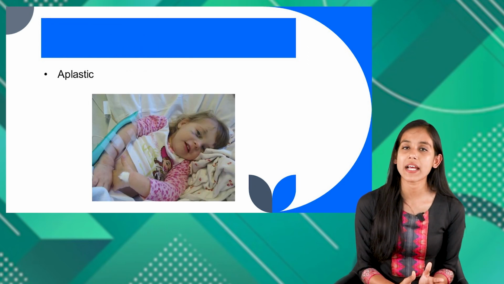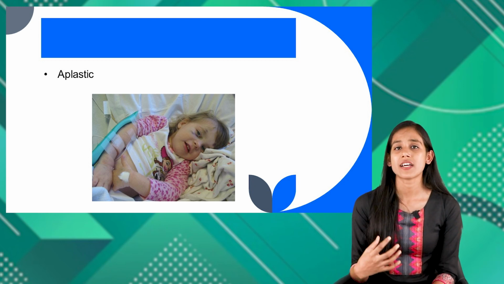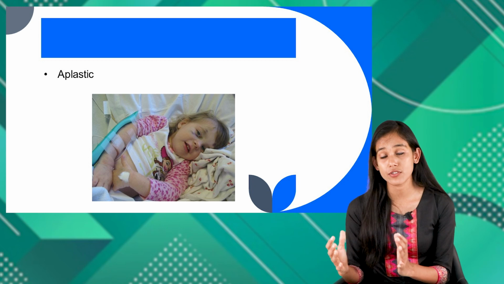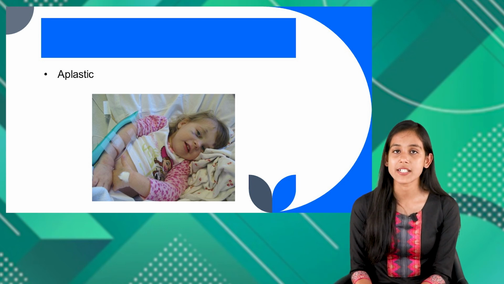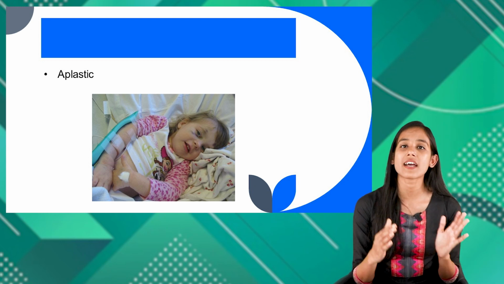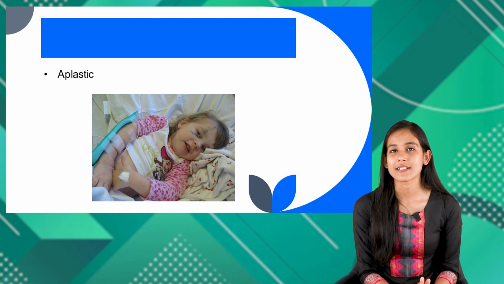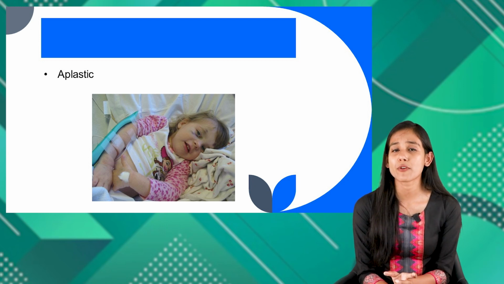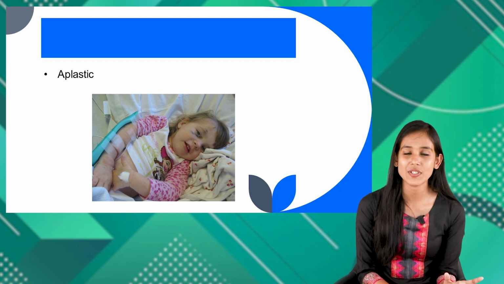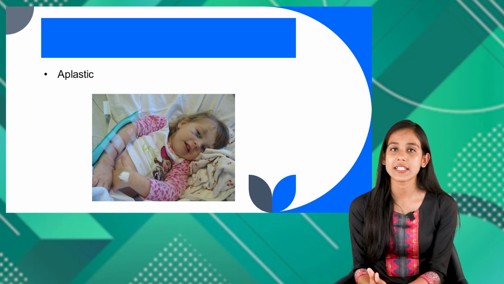Next, there might be aplastic episodes. Why? Because again, there is a short lifespan of RBCs. Now, as we know, the normal lifespan of the RBC is 120 days, whereas here what we can see is that the lifespan of the hemoglobin S, or the sickle cell RBCs, is only 20 days, right?